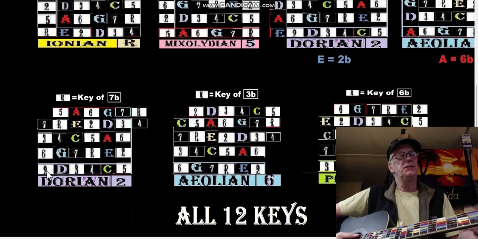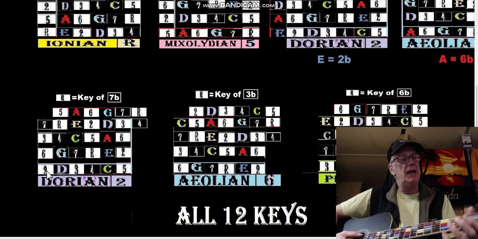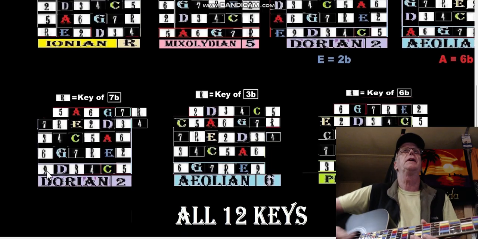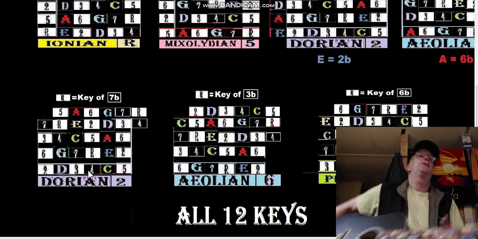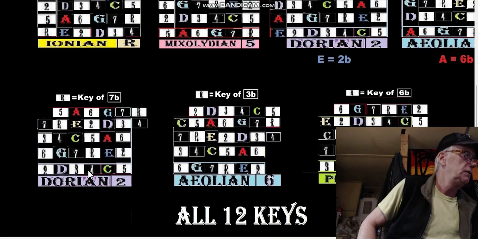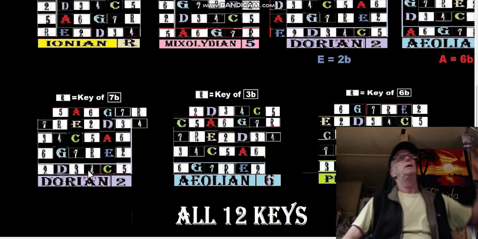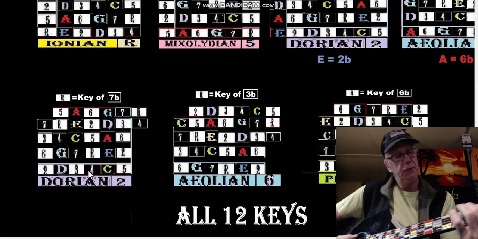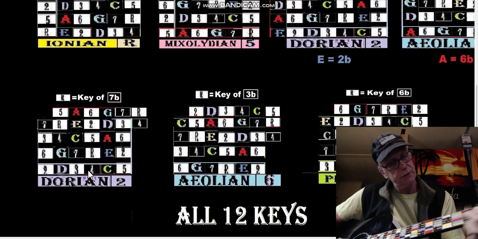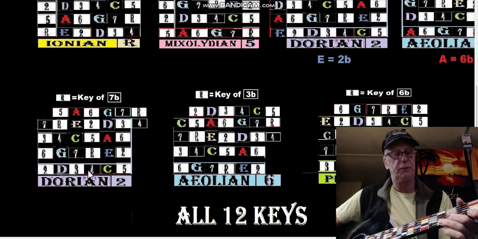So if that C is the 2nd, the key is B flat, so we would play the Dorian there. So it would be the D string shape from our old guitar. Now remember guitar with the D: 2, 3, 4, 5, 6, 7, root, 2, 3, 4, 5, 6, 7, root, 2, 3, 4.